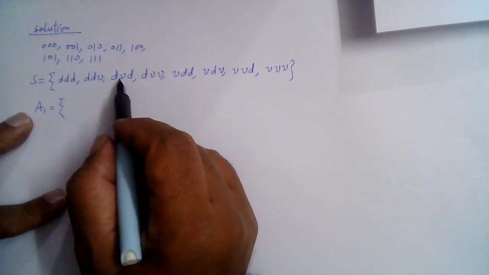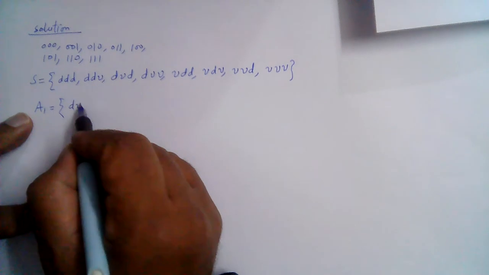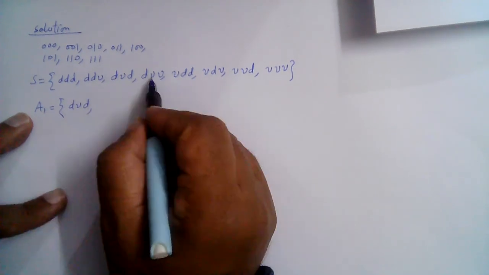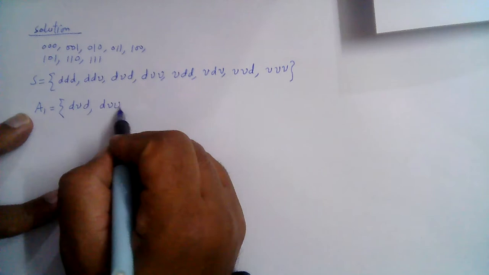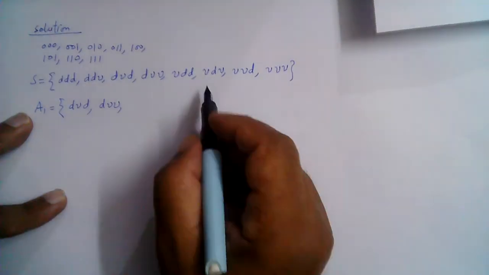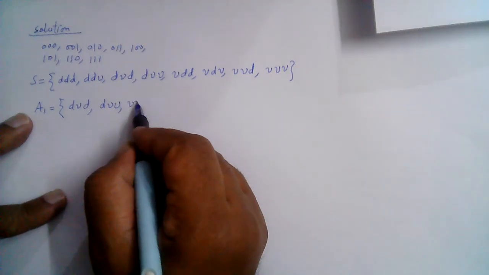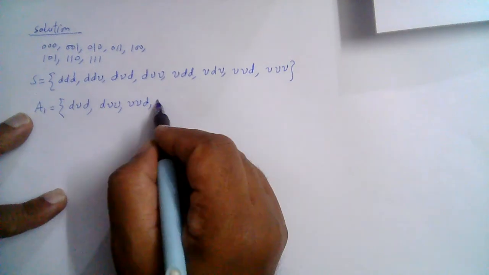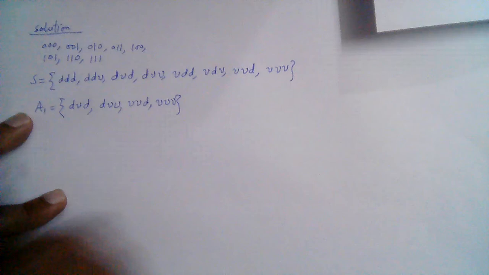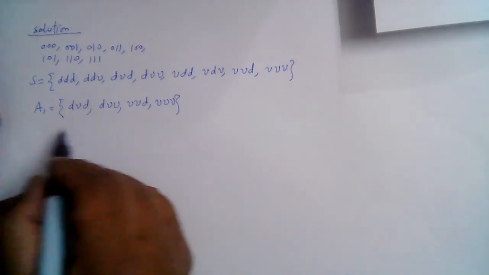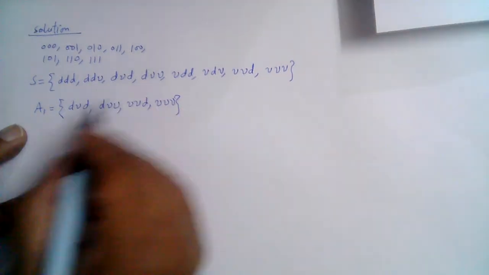So DVD, for example, the second packet is a video. Here again the second packet is a video, DVV, right? Then this one, VVD, and then VVV. So this is event A1, which is a subset of this sample space.